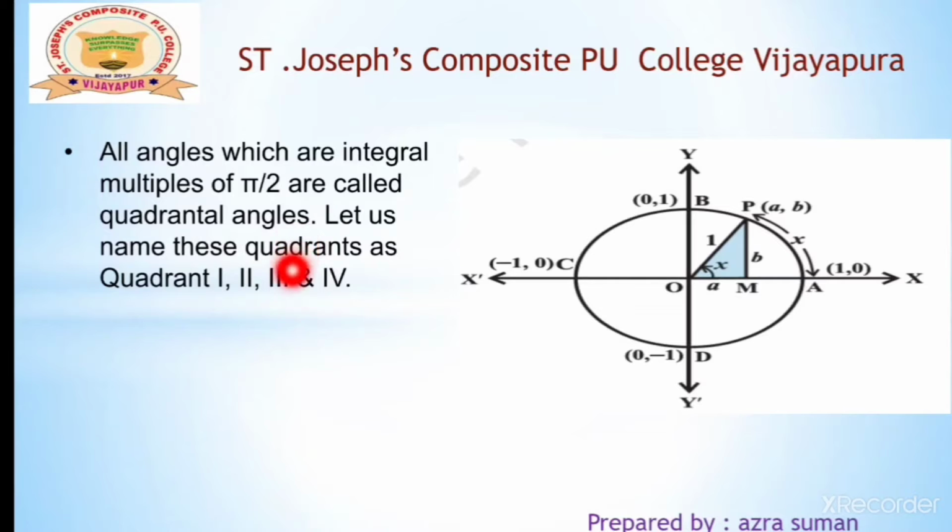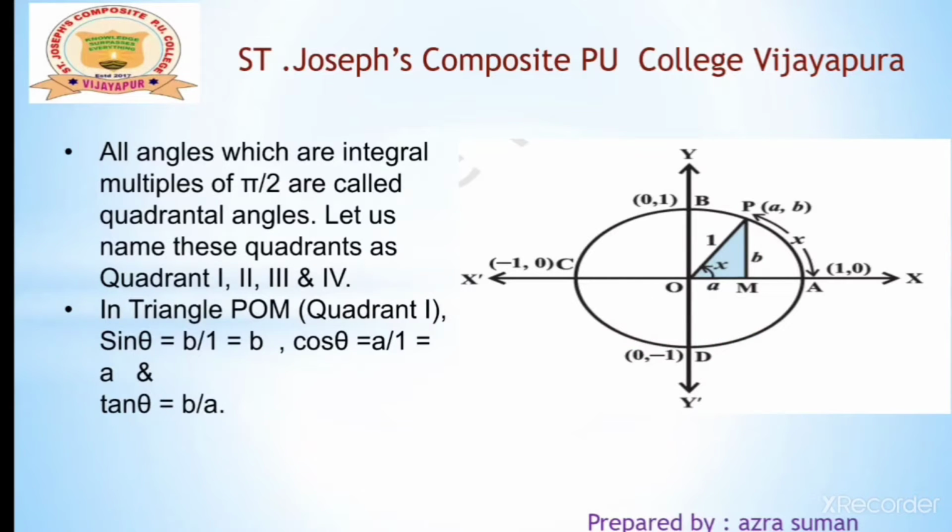Let's name these quadrants as first quadrant, second quadrant, third quadrant and fourth quadrant. In triangle POM, which is lying in the first quadrant, sine theta equals opposite by hypotenuse. Here opposite is B and hypotenuse is 1.